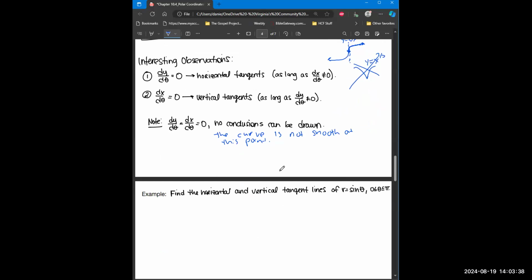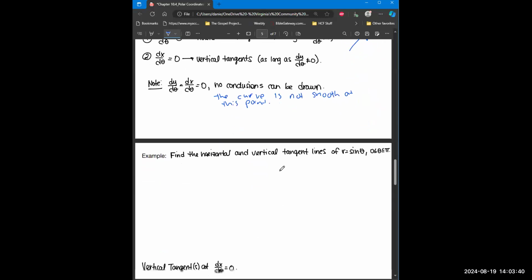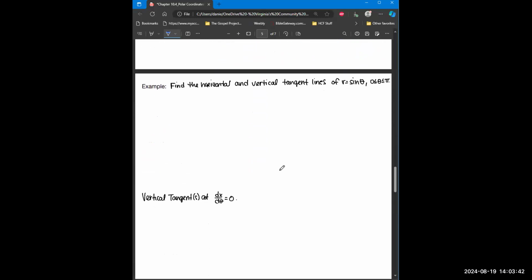All right, back into the world of polar coordinates. Find the horizontal and vertical tangent lines for r equals sine theta if theta is between 0 and pi inclusive.